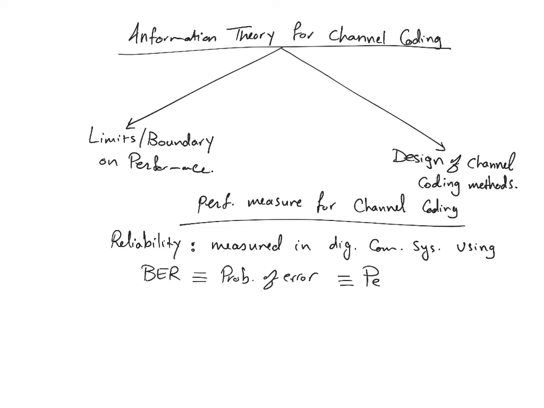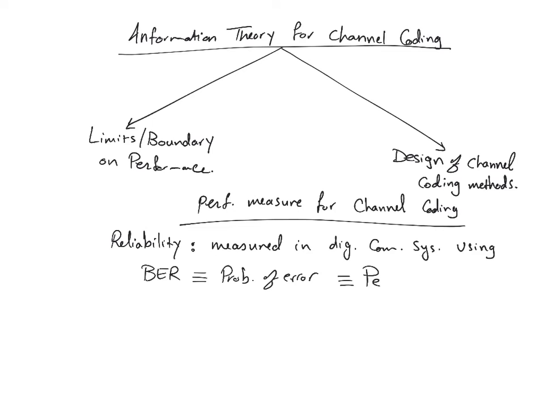So mainly the reliability in a digital communication system is measured by a performance parameter called the bit error rate, or the probability of bit error, and it's typically given the big capital P and then E small beside it. That's a symbol for probability of error.